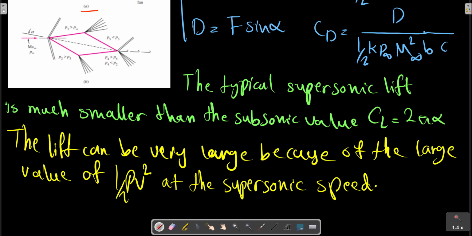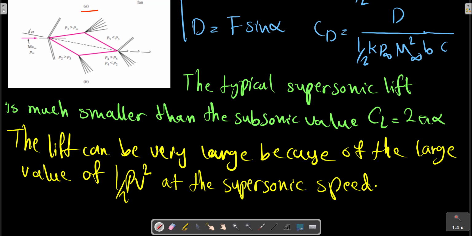The diamond foil in the picture, as shown here, adds two more wave patterns to the flow. At this particular alpha, less than the diamond half angle, there are leading edge shocks on both surfaces, the upper shock being much weaker. Then there are expansion fans on each shoulder of the diamond.